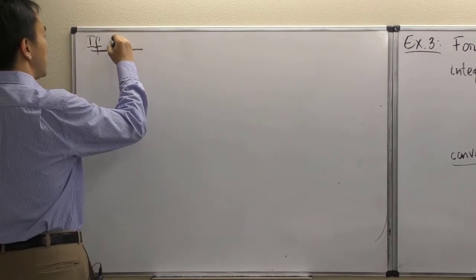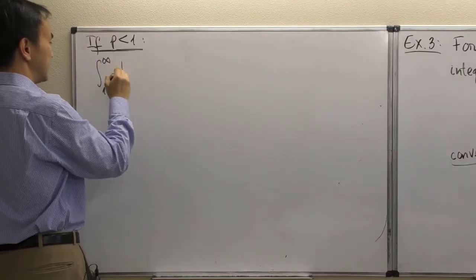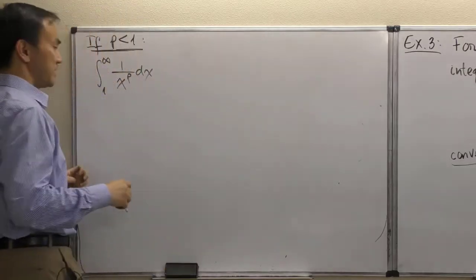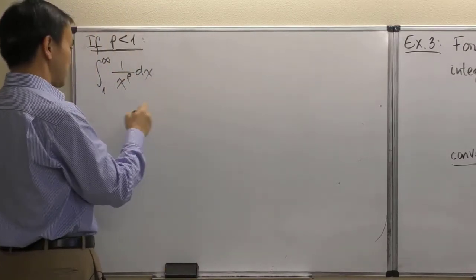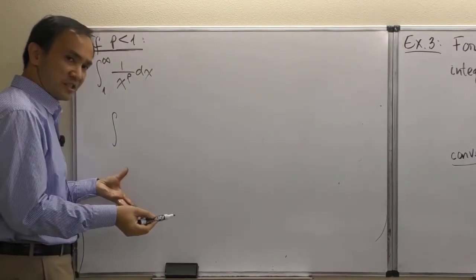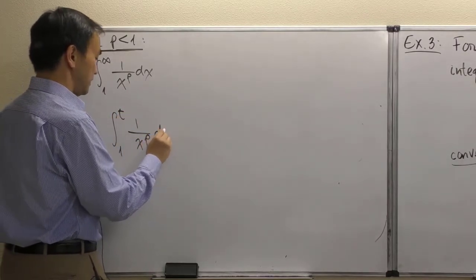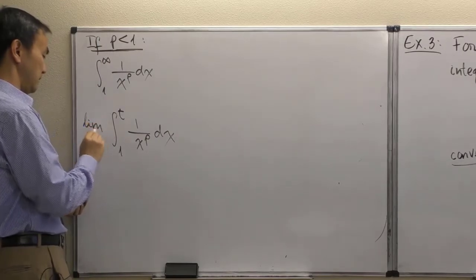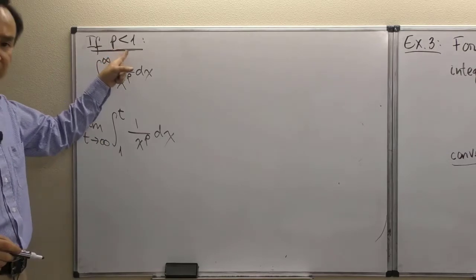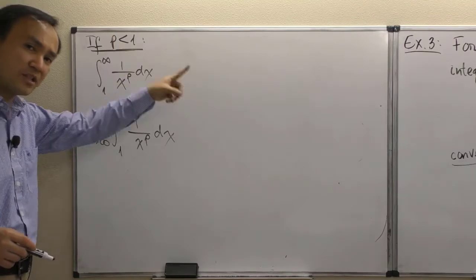All right, so if p is less than 1, and again the integral from 1 to infinity of the function 1 over x to the p, I'm going to consider an arbitrary definite integral from 1 to t of 1 over x to the p, and then allow t to go to positive infinity. Keep in mind this time we're considering especially the case where p is less than 1.